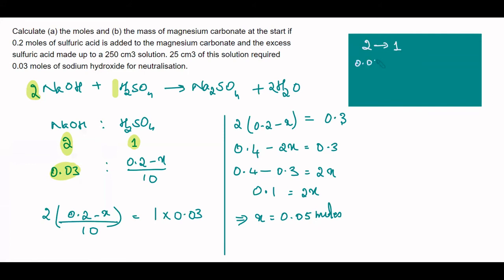So 0.03 NaOH is supposed to give you question mark. So 2 times question mark is equal to 0.03 times 1, that is 0.03, meaning this X will be equal to 0.015.